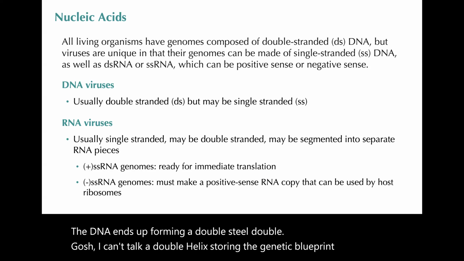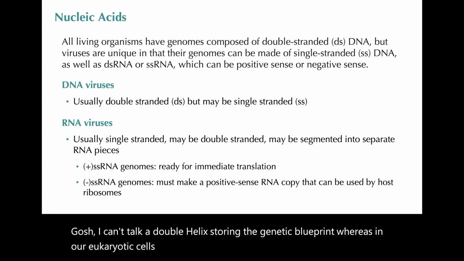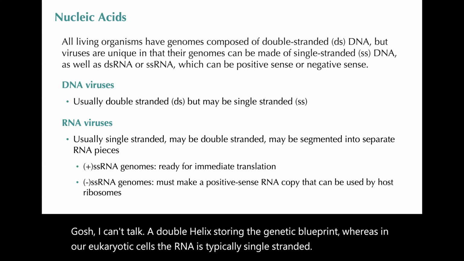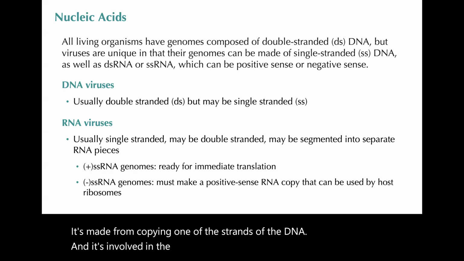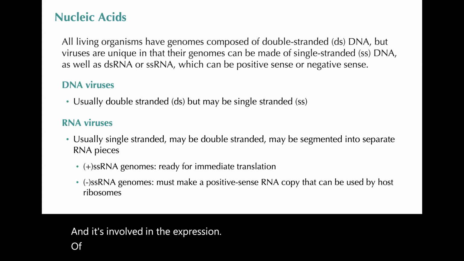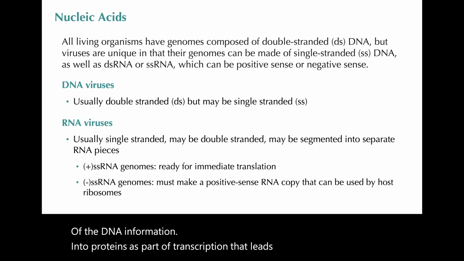Whereas in our eukaryotic cells, the RNA is typically single-stranded. It's made from copying one of the strands of the DNA, and it's involved in the expression of the DNA information into proteins as part of transcription that leads to translation.